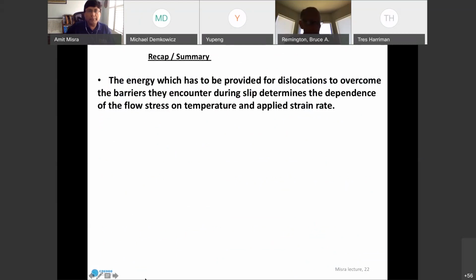So just to recap this part of the presentation, the concept is the energy which has to be provided for dislocations to overcome the barriers they encounter during slip determines the dependence of flow stress on temperature and applied strain rate.